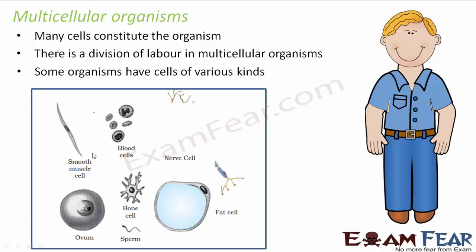For example, the function of the bone cell and the blood cell are not the same. Similarly, the function of a fat cell and a nerve cell is not the same, right? So that is how the structure is in a multicellular organism. The most important thing in a multicellular organism is division of labor.